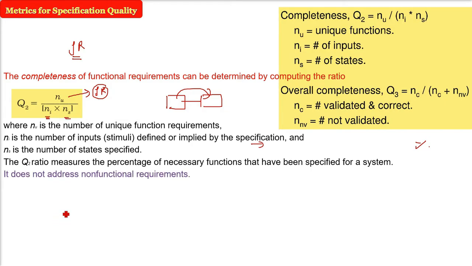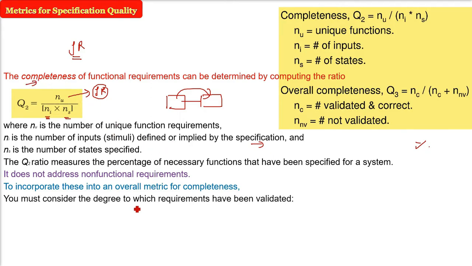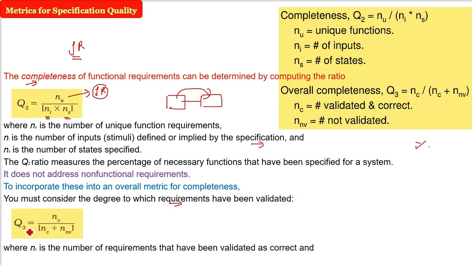But one point about this metric is that it does not address the non-functional requirements. In order to incorporate it into an overall metric for completeness, functional and non-functional, we need to consider the degree to which the requirements have been validated. For that, another metric is there, Q3, NC by NC plus NV.